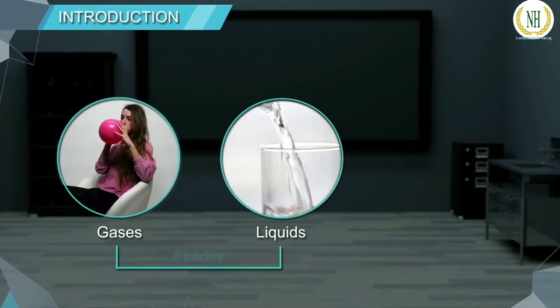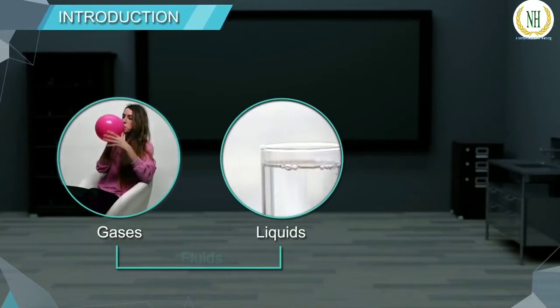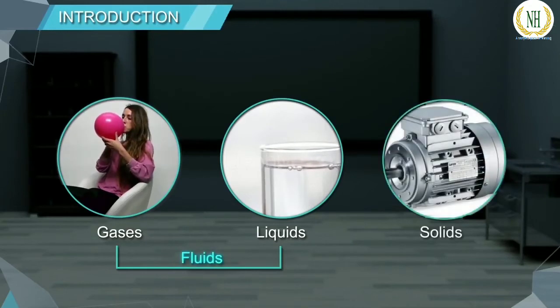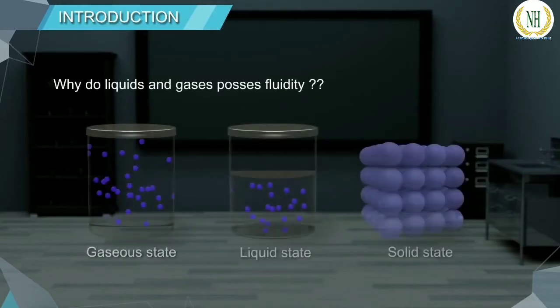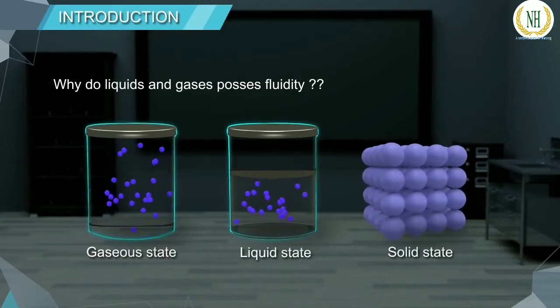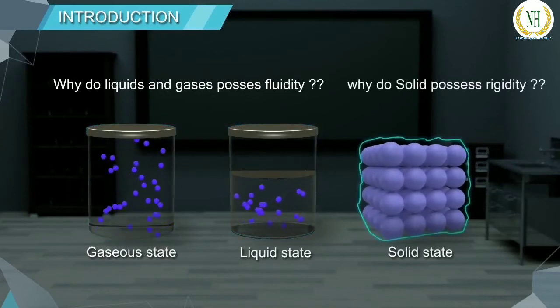The most important characteristic property of gases and liquids is fluidity. It means that gases and liquids have the ability to flow and are called fluids, whereas solids do not possess fluidity, instead they possess rigidity. Now the question is, why do liquids and gases possess fluidity whereas solids possess rigidity?